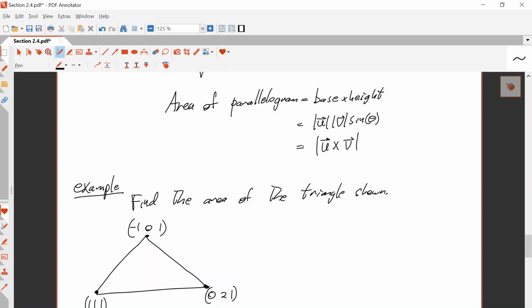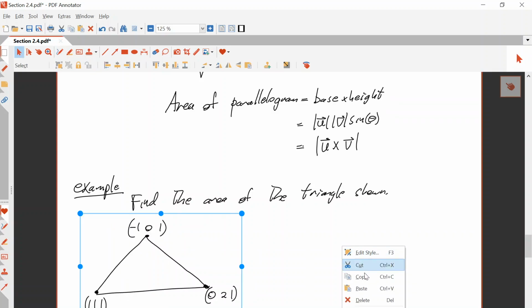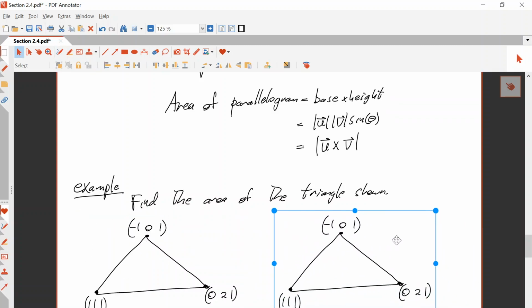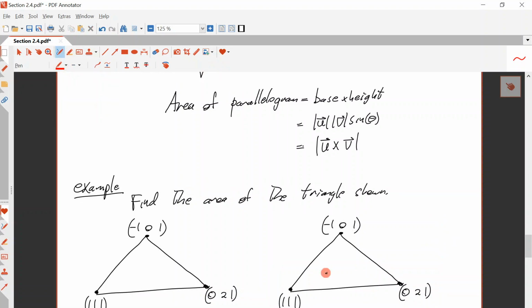Let's find the area of this triangle. Okay, well, copy the triangle. And now let's pick two sides to be vectors.